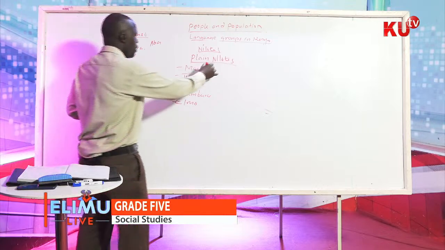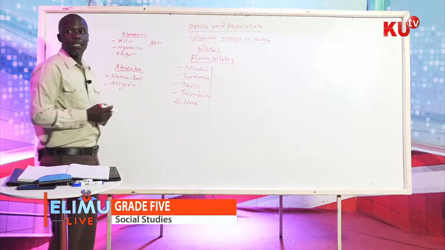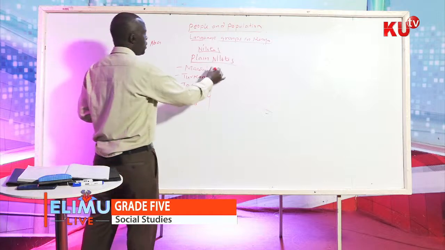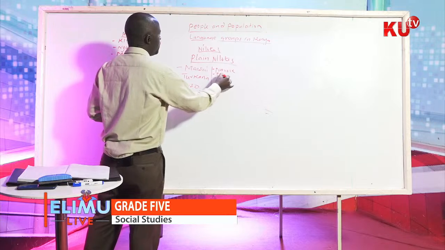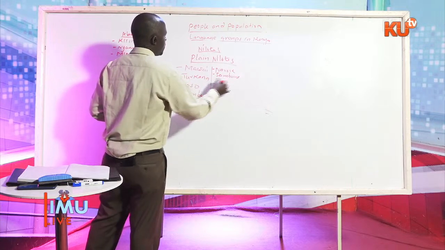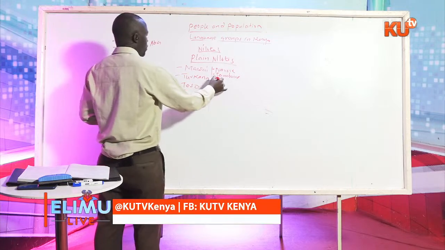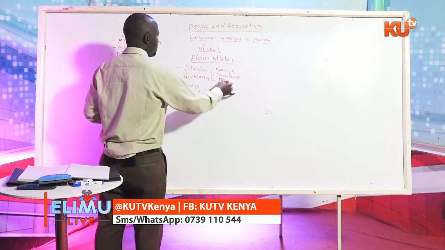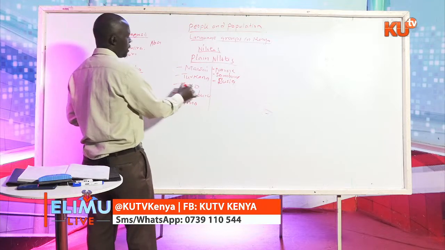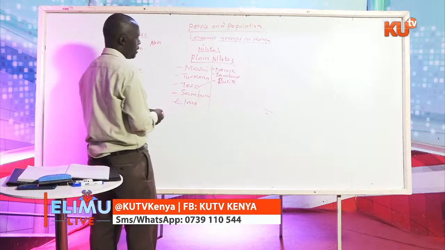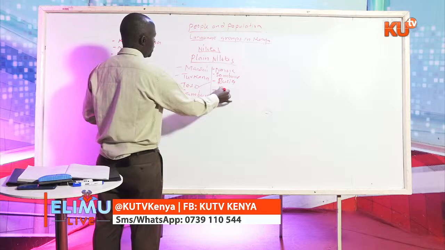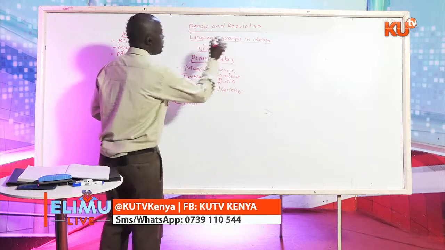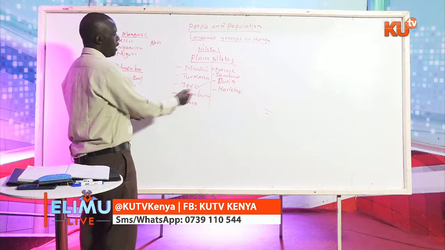Now, where do we find the Plain Nilotes currently in Kenya? These people live in Narok County, Samburu County. They are also in Busia County, where the ones found are the Teso. Then they are also found in Kericho County, I think the El Molo and these ones.